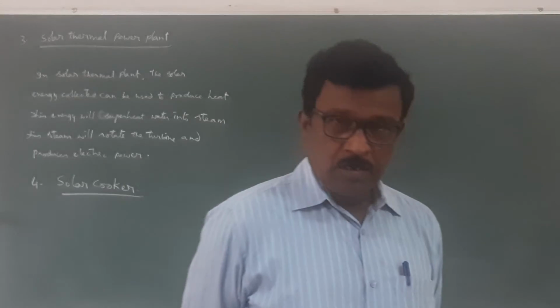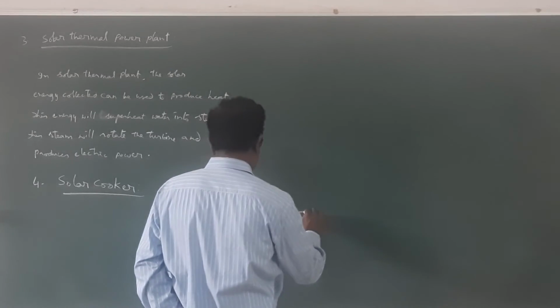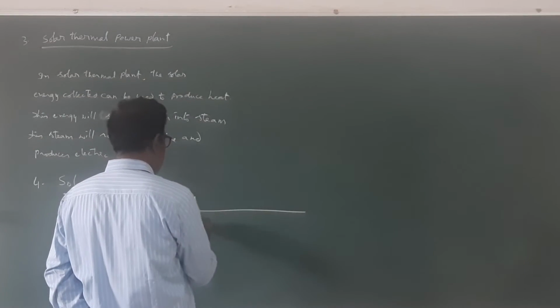This solar cooker, which we use domestically, consists of a wooden or metallic box like this. There will be a metallic box.